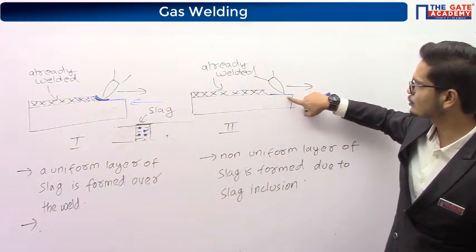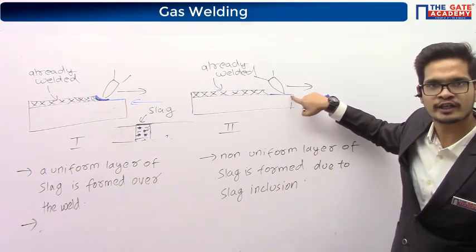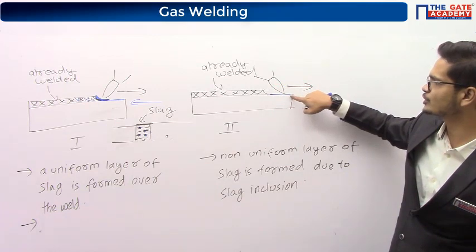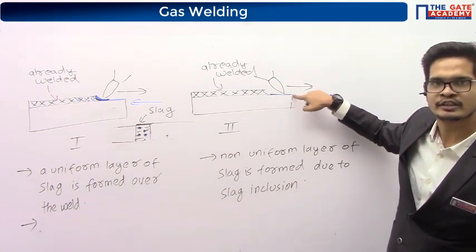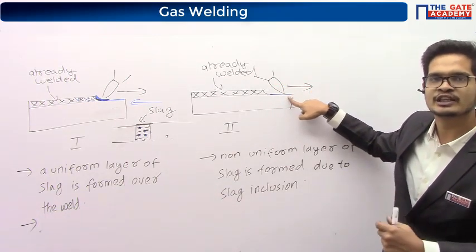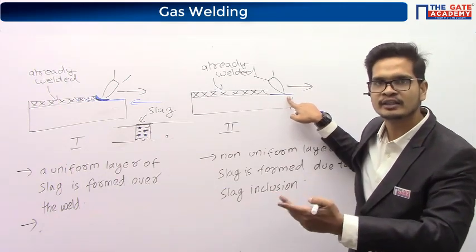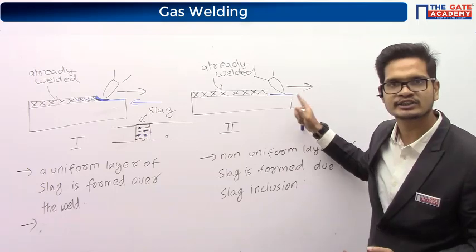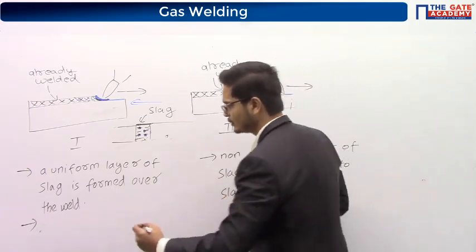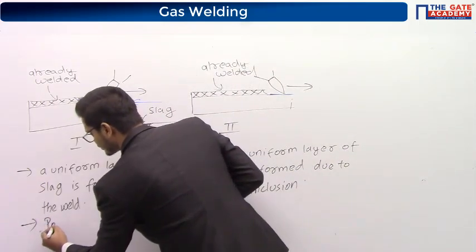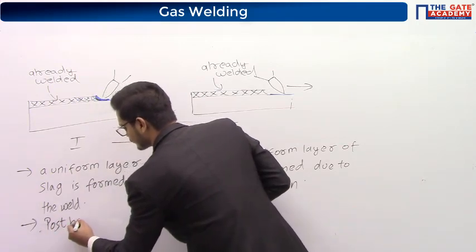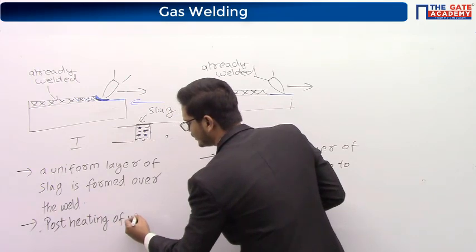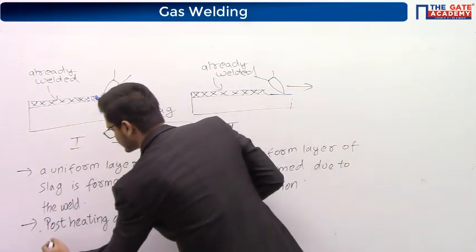Here this portion is not welded, and because of the flame, some heat is reaching this portion also, that is, some heat is reaching before the welding. So therefore we will say preheating is taking place. Preheating is taking place here. So here post heating of the weld is taking place.